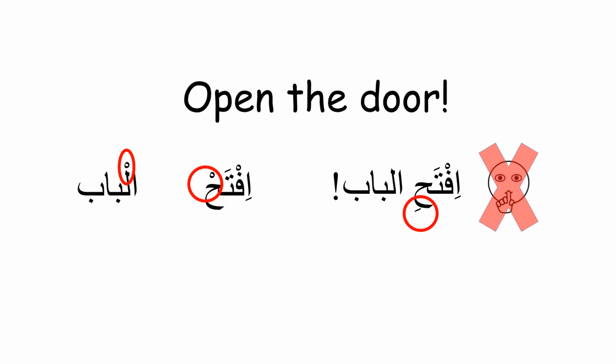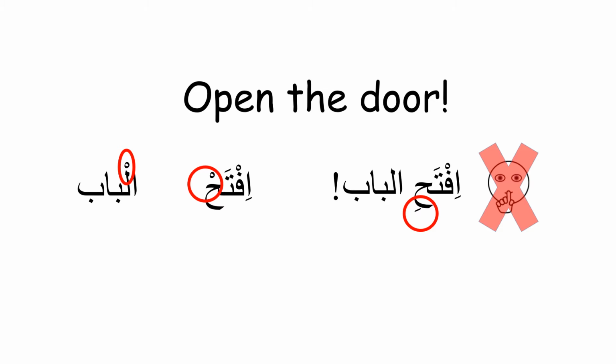You might have wondered why when we said open the door, افتح الباب, we used a kasra ending for افتح instead of sukoon, when in fact it should be sukoon. And that is because in Arabic there's a rule that says you cannot have two sukoons meeting together, and it's called منع التقاء الساكنين.